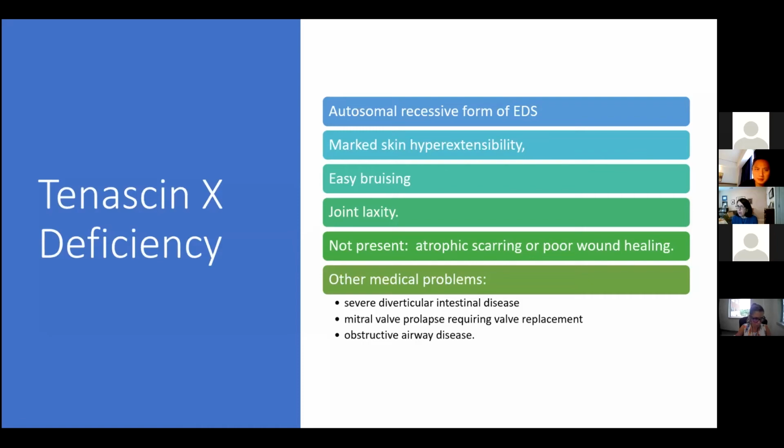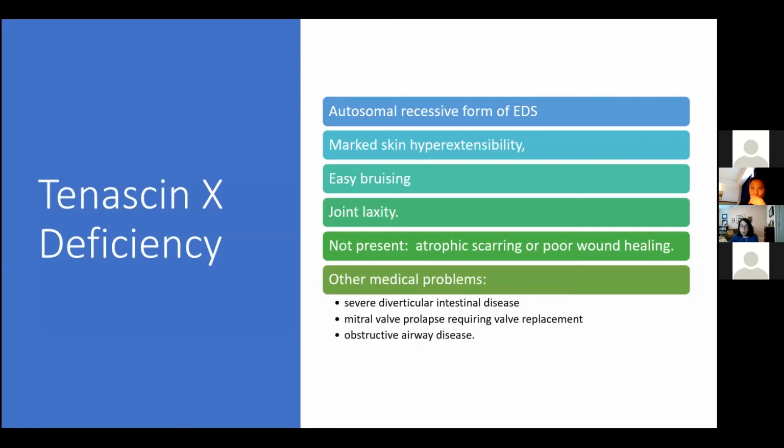All right, now I'm going to move on to talk about a few of the rarer types of Ehlers-Danlos syndromes. Tenascin X deficiency is an autosomal recessive form of EDS characterized by marked skin hyperextensibility, easy bruising, joint laxity, without atrophic scarring or poor wound healing.